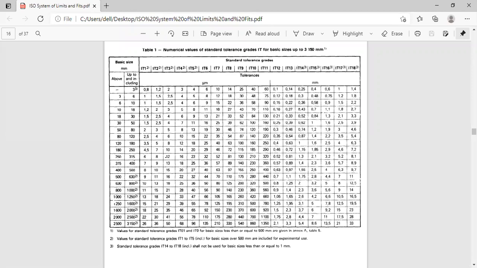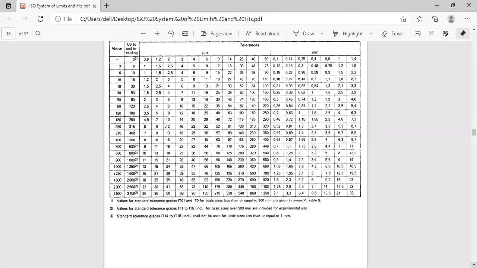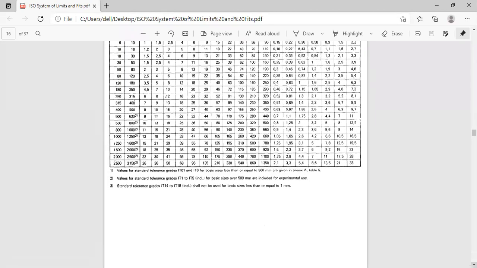You try to know that. And standard tolerance rates IT14 to IT18 shall not be used for basic sizes less than or equal to 1 mm. That is a different thing. Don't go deep into that because you'll be confused, because we are only discussing up to IT16.